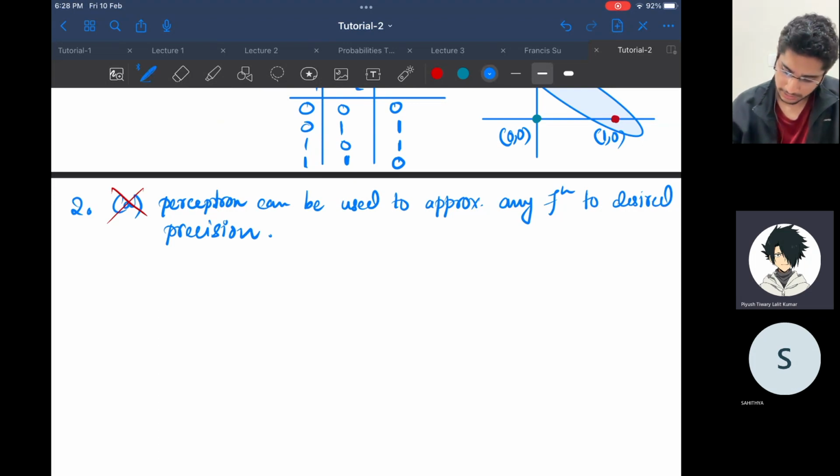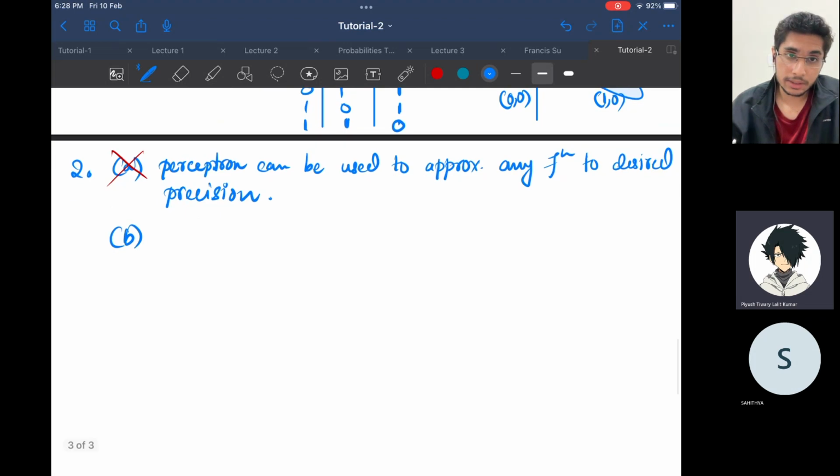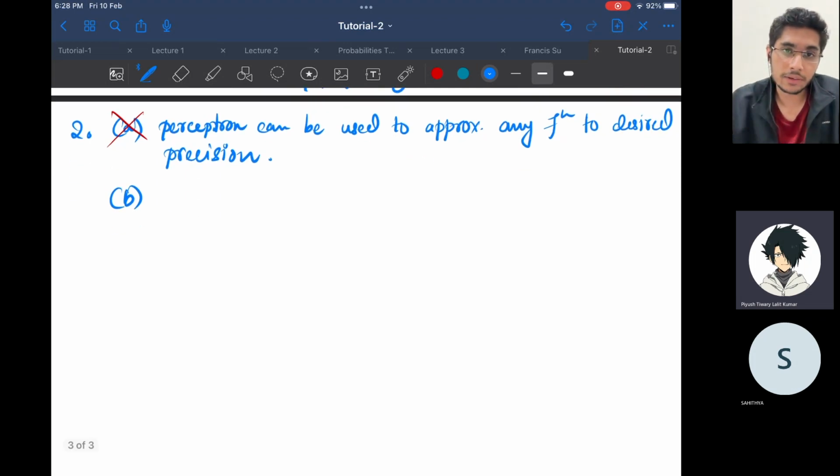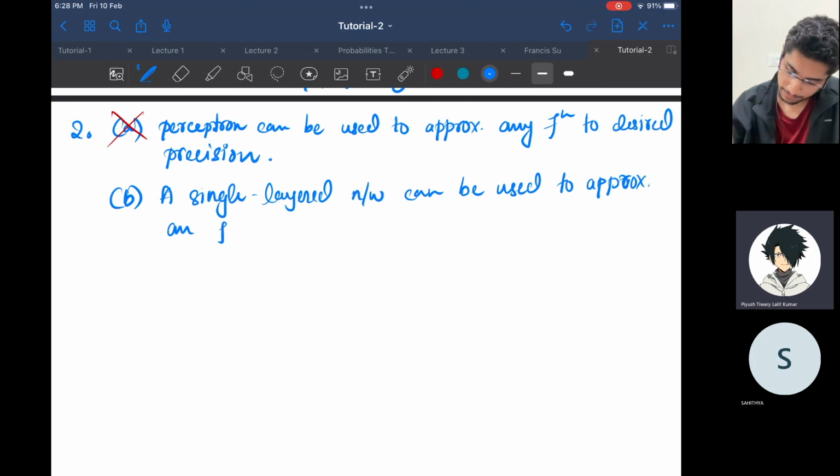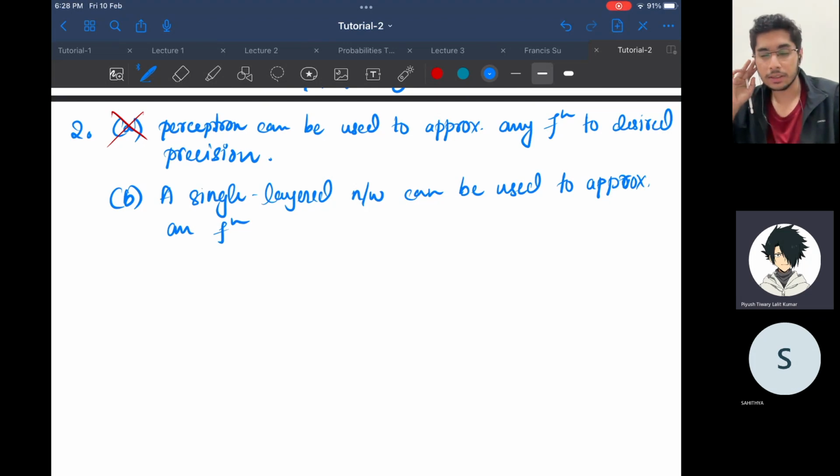Let us look at other options. Option B says a single layered network can be used to approximate any function. A single layered network will only have the input layer and the output layer.